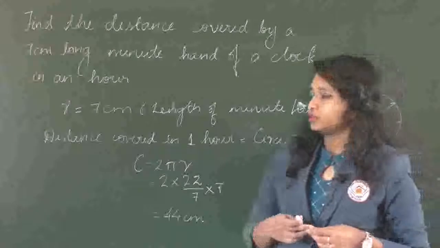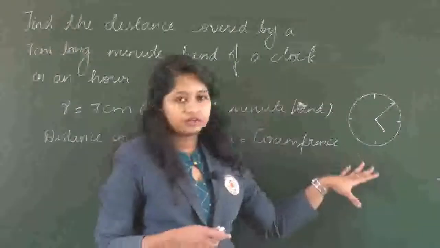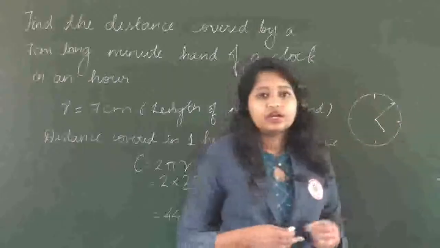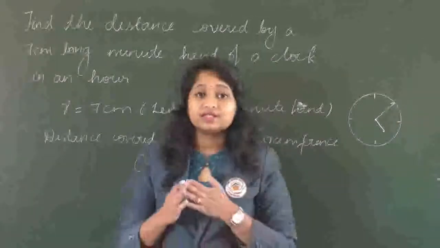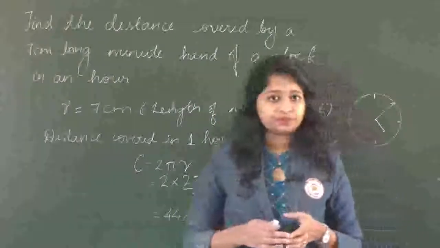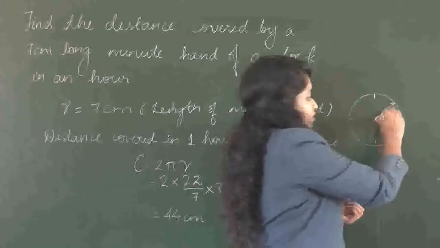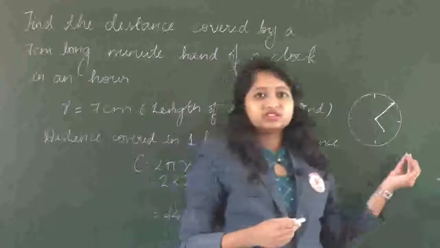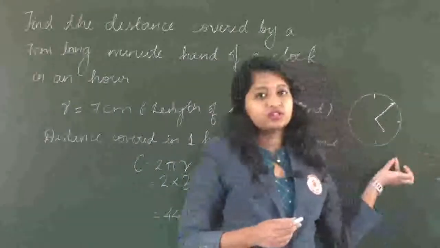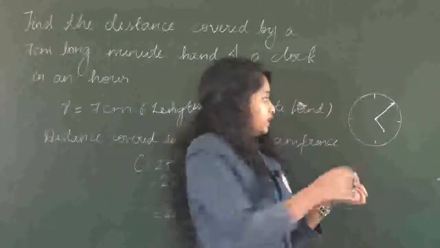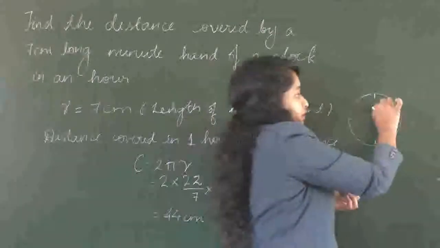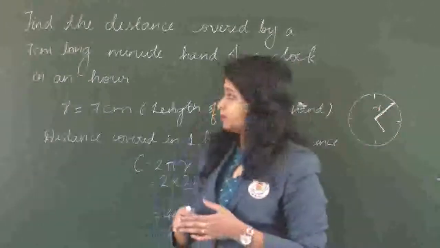Okay. So we have a clock and the length of the minute hand of the clock is given as 7 centimeter. So this length is 7 centimeter. This clock is in the shape of a circle, and this minute hand can be taken as the radius of the circle.